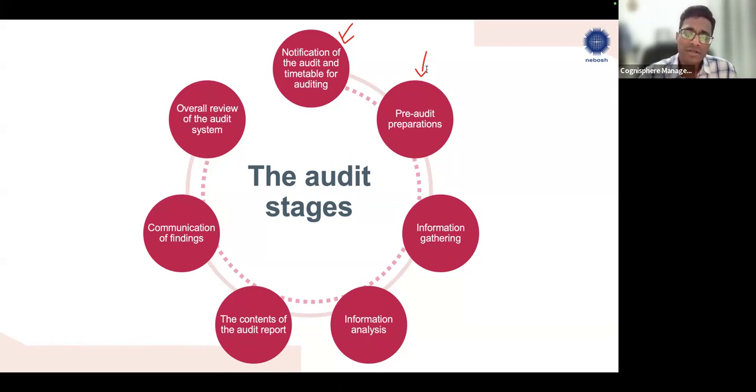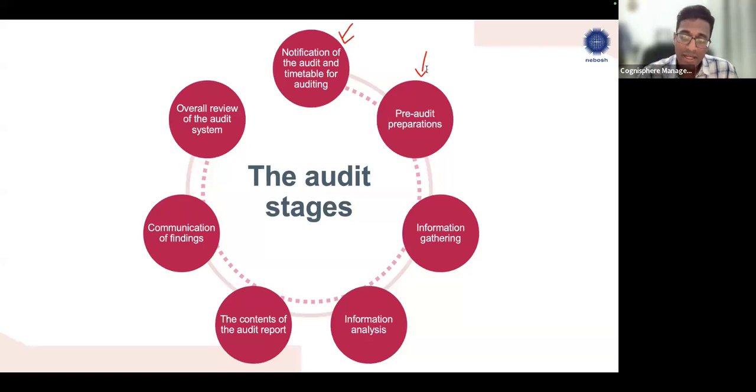For pre-audit preparations, from the client there should be a guide or someone who would be assisting the auditor, because the auditor is someone new to your workplace, so you need to make arrangements or facilities for the auditors. For example, if I'm going to do a day one audit on the workshop, I need to ensure the person in charge of the workshop, the health and safety person in charge, or the workshop manager, should be available for day one of the audit, because the auditor may directly ask questions of the workshop manager or other technicians.